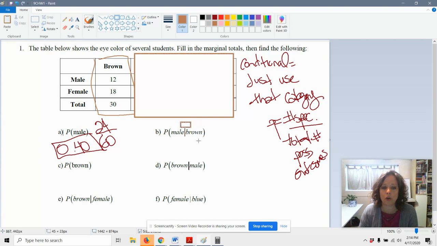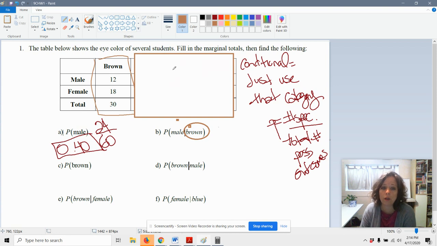That second term right there is the category. So here, our condition is just saying we only are interested in the brown category. So when we go to see our probability of males just in that brown category, conditioned on having brown eyes, the total number of males is 12.